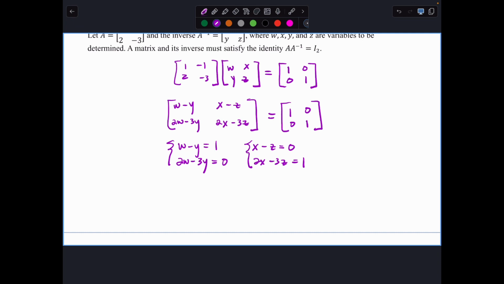Knowing what we know from the previous section, when we were solving systems using augmented matrices, either using Gaussian or Gauss-Jordan elimination, this would be the first augmented matrix. And then this would be the other augmented matrix.